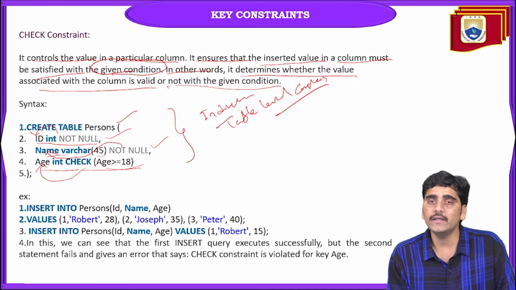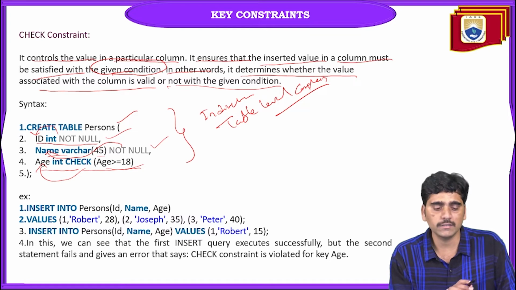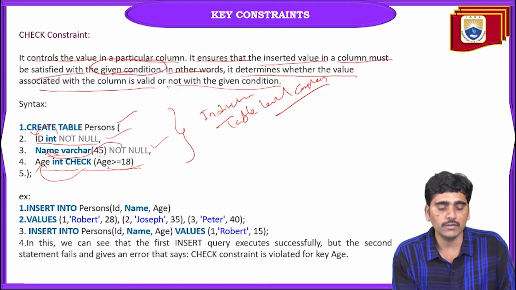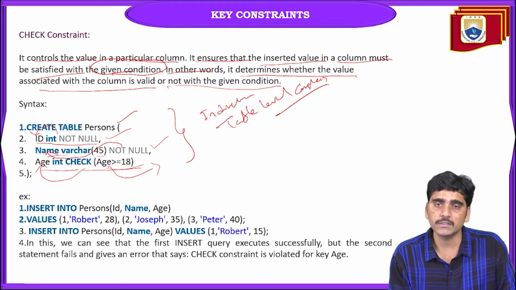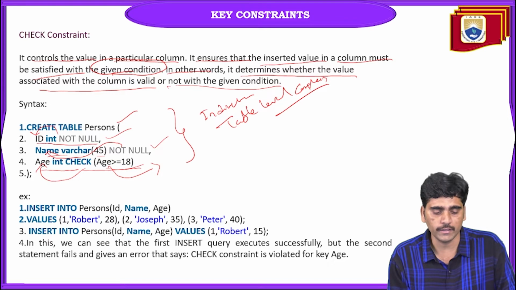That means the ID and name columns don't have any empty values. They should have some values, and the age has values that meet the specified condition. That condition is what? Age greater than or equal to 18.